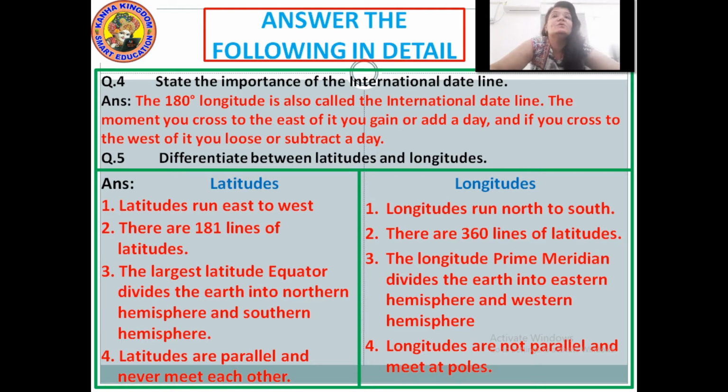So I repeat the answer again. The 180-degree longitude is also called the international date line. The moment you cross to the east of it, you gain or add a day, and if you cross to the west of it, you lose or subtract a day.